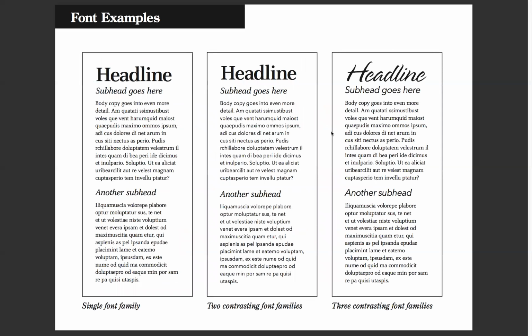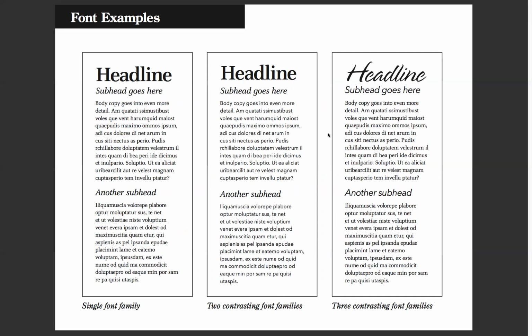So for instance, this would be an example. The first one just uses a single font family. The second uses 2 contrasting font families. Usually this would be switched around and you'd use a sans serif for the heads and the subheads and then the serif for the body text.